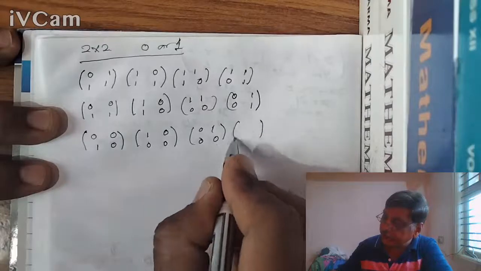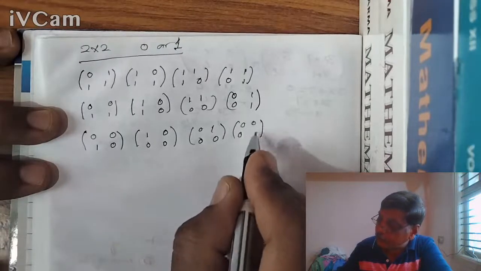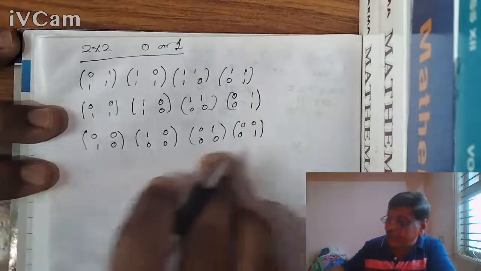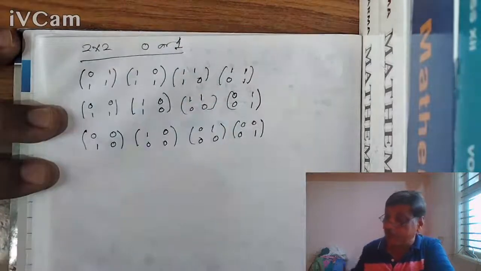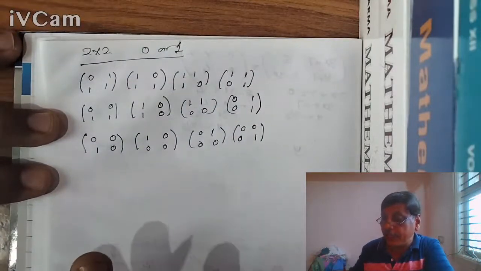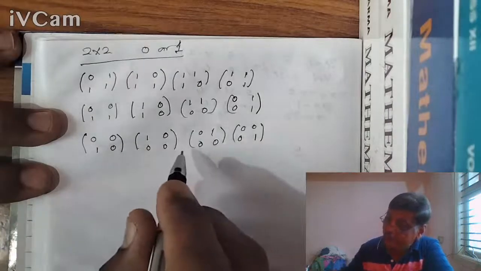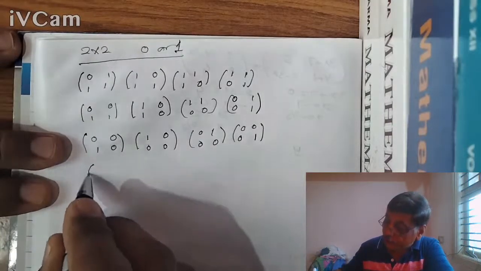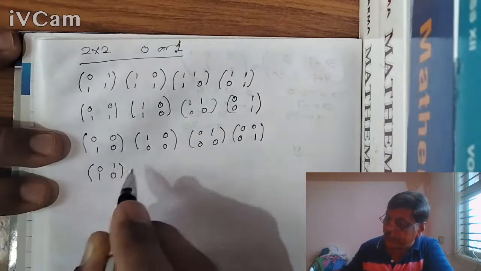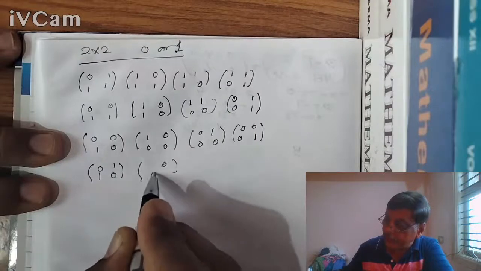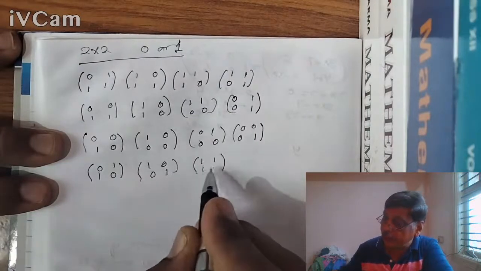Again, this is this type of 2 cross 2 matrix with entries 0 or 1. Yes or no? Is there any chance to write one more, or 2 more, or 3 more matrices? Next I take a diagonal element 0 0, then 1 1. Next 0 0 1 1. Next 1 1 1 1.